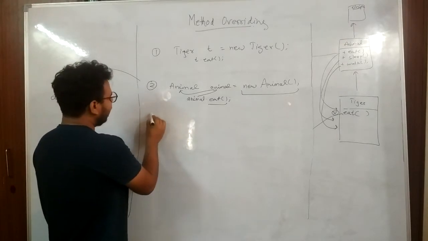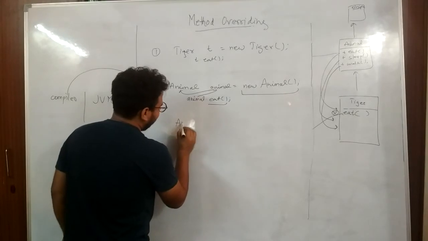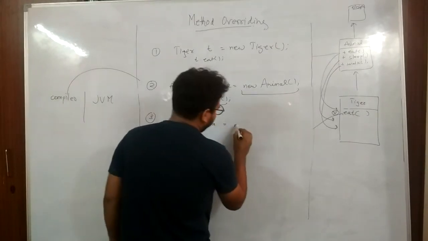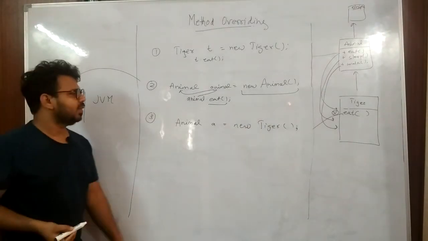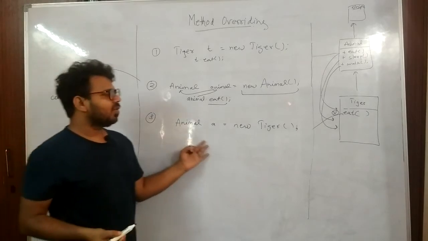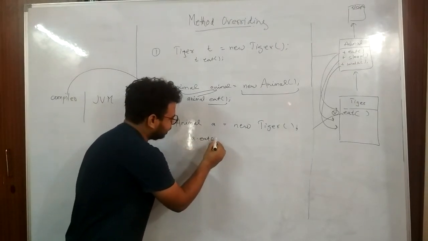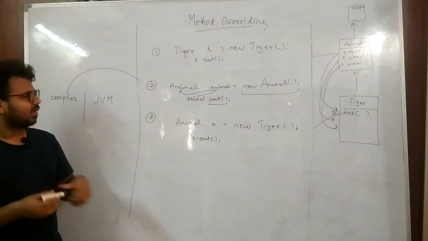Okay. And now think of an interesting scenario also. Here we have an Animal reference, that is Animal a is equal to new Tiger. What will happen at this line if I write a.eat?